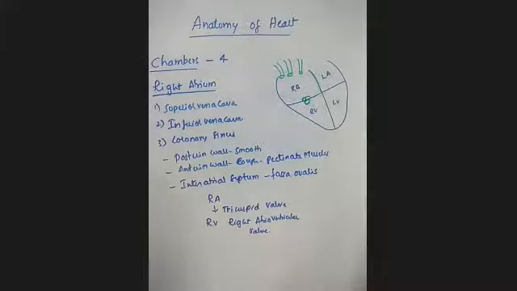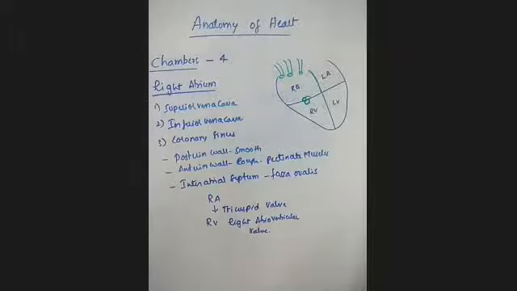The right atrium and the left atrium are separated by a thin partition called the interatrial septum, which has an oval depression called the fossa ovalis, a remnant of the foramen ovale. The blood from the right atrium enters the right ventricle through the tricuspid valve, also called the right atrioventricular valve.